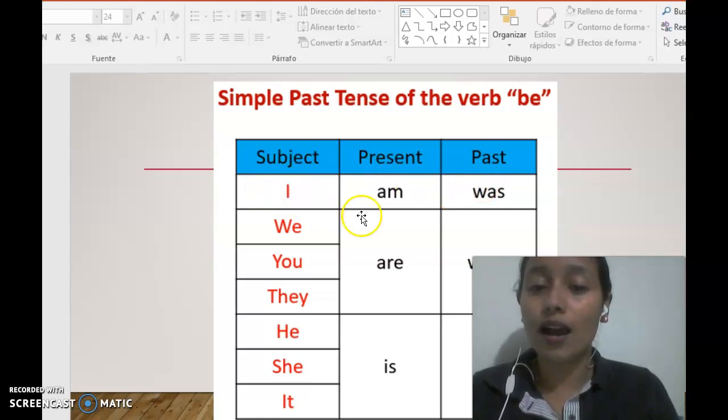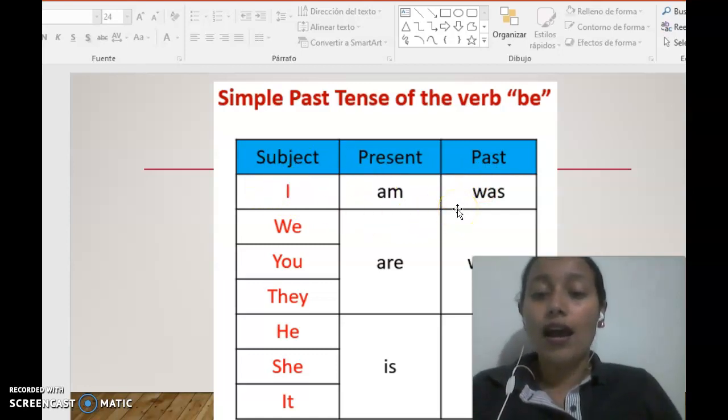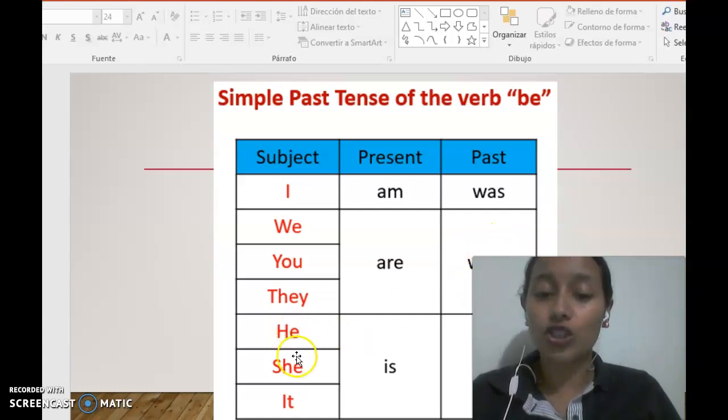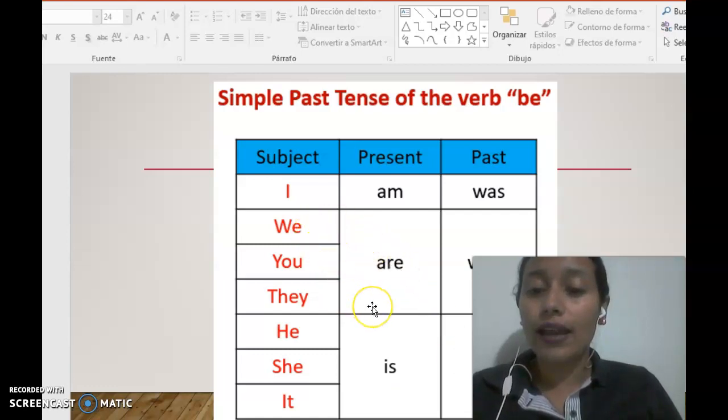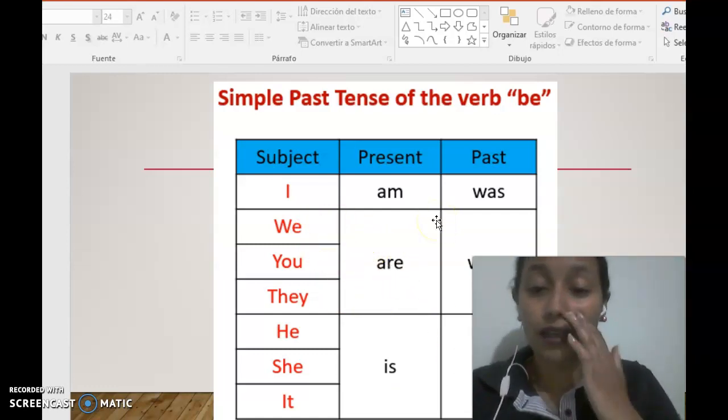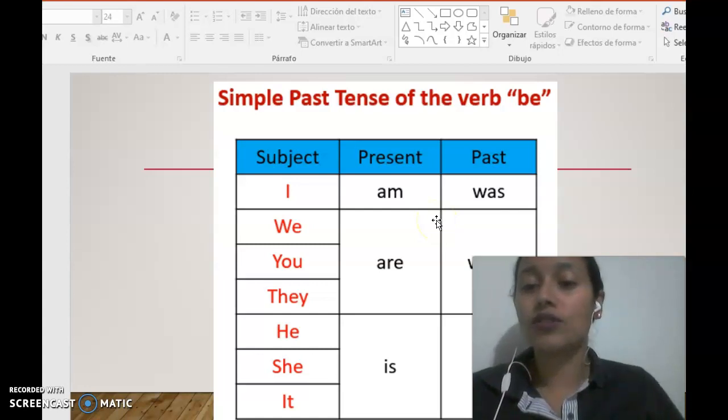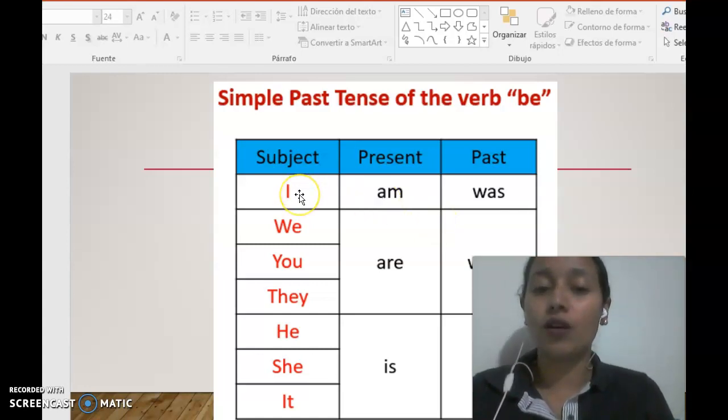So we say I was. And for we, you, and they, we have to say were. And for the subjects he, she, and it, we are going to use was. So I was, we were, you were, they were, he was, she was, it was.